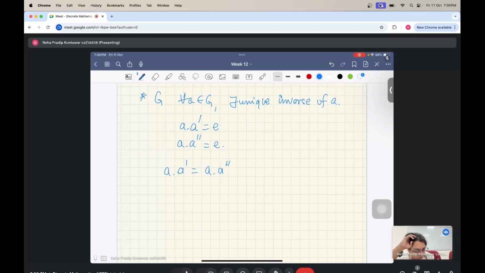What I'll do is I'll pre-multiply them, and I know that A dot A double prime is identity, because A double prime is also an inverse. So A prime dot E is same as A prime dot A is also identity, so E dot A double prime, and that gives you A prime is equal to A double prime, which is again a contradiction to the fact that these are distinct.